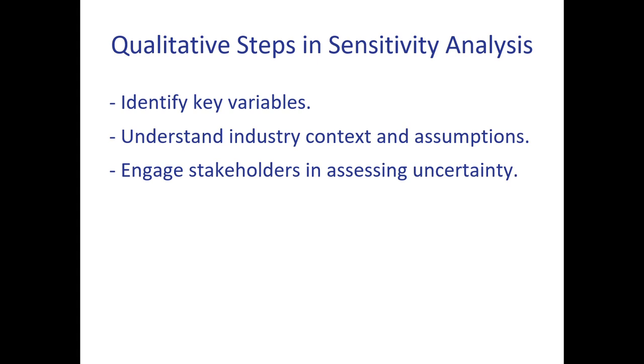We are assuming steady economic conditions and constant demand. These need to be clarified. Lastly, we engage with stakeholders. That could be managers, investors, or analysts to gather insight about potential risks or uncertainties that aren't easily quantifiable.